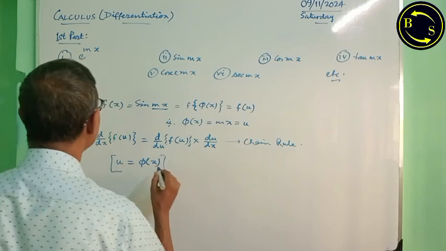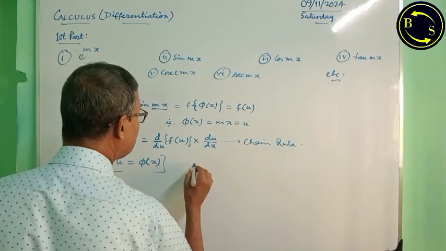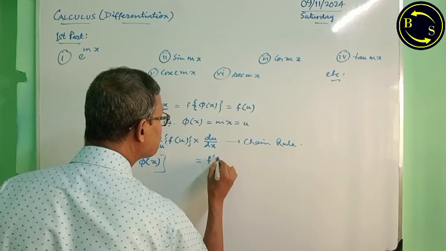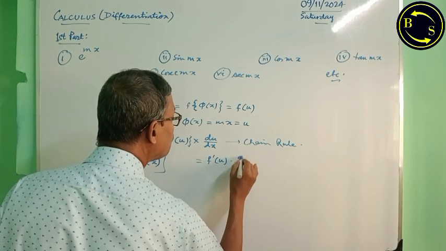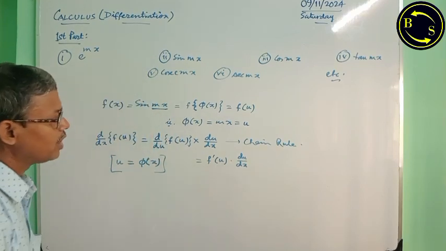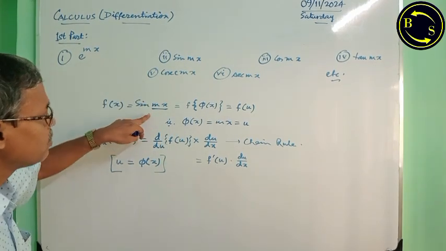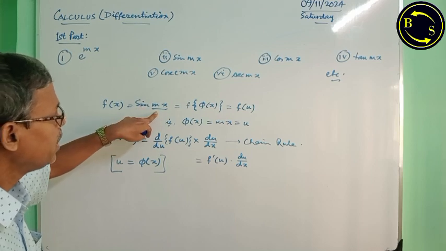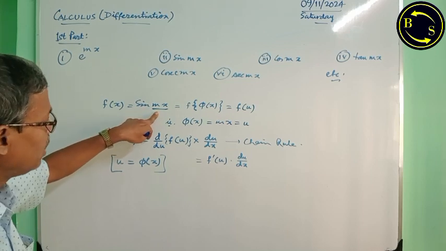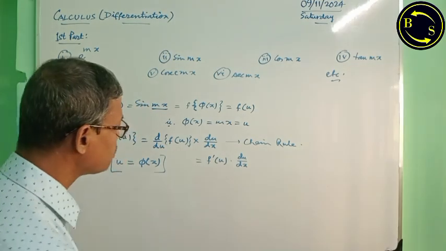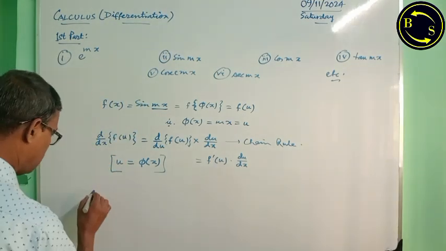Therefore, in this case, it will be f dash u into du/dx. That means we differentiate it with respect to u, taking u as mx, and that is to be multiplied by d/dx of u.